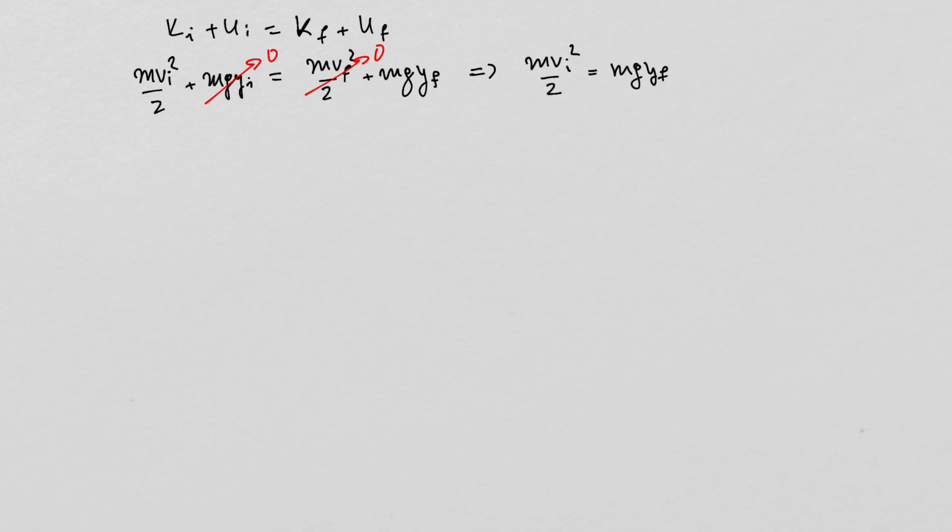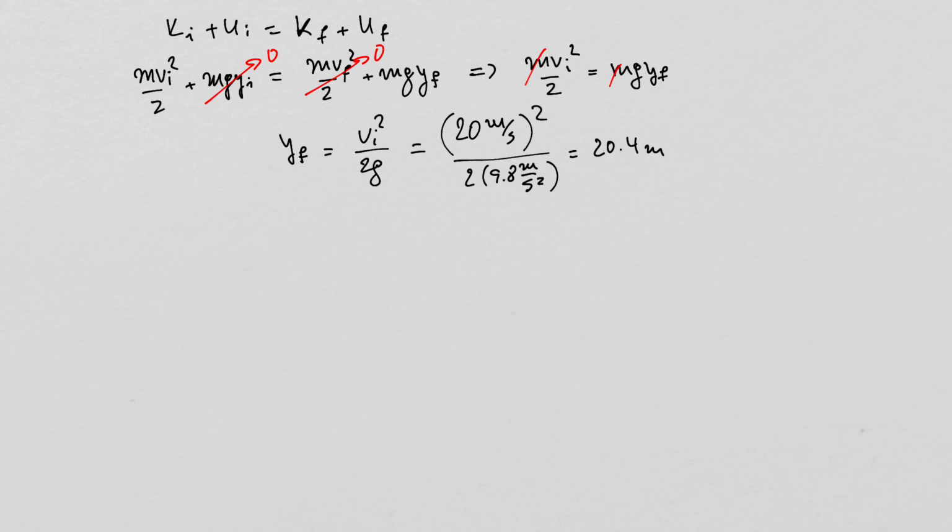Now I can solve for y final. I also can cancel the masses here. And the expression that I get for the final position is v i squared divided by 2g. Since the initial position is 0, then the value that I will get for y f is actually the vertical distance that the ball is going to travel. Let's substitute the known values and calculate the result. So the ball goes up in the air from the release point 20.4 meters.